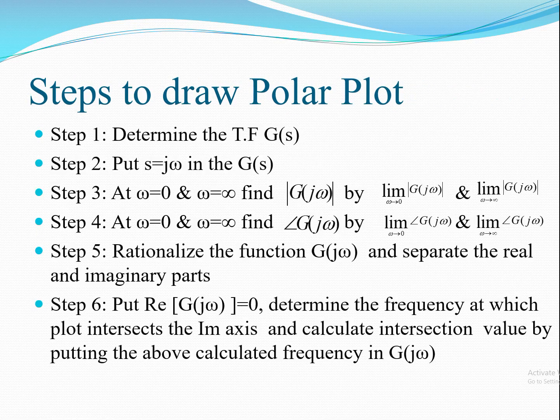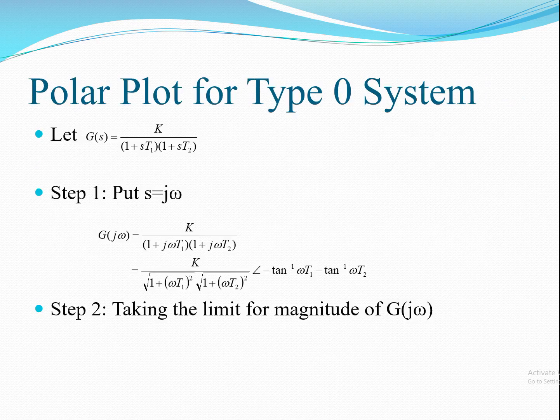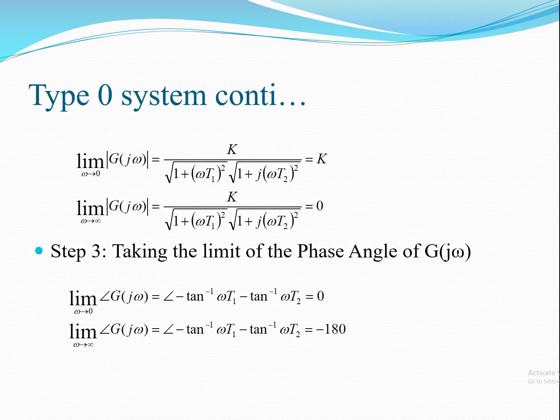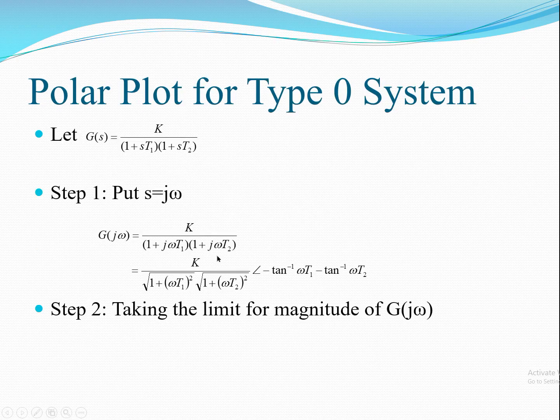Now, what is the next step? The next step is that we first have to rationalize the function G of j omega and separate the real and imaginary parts. What is rationalization? We have this form, K upon 1 plus j omega T1 times 1 plus j omega T2. We have to multiply and divide by the complex conjugate of this.